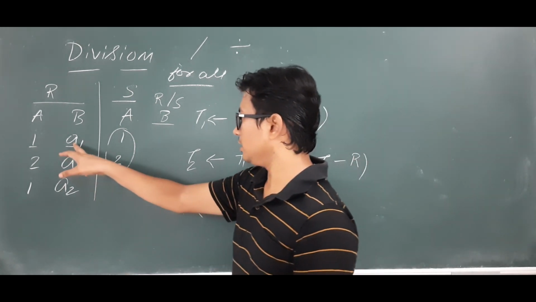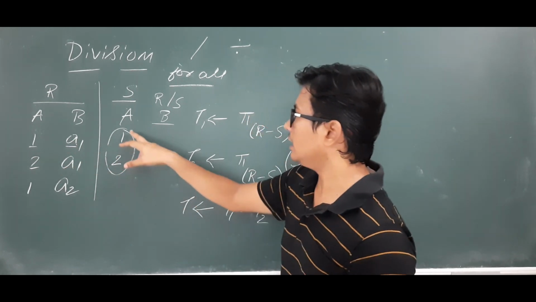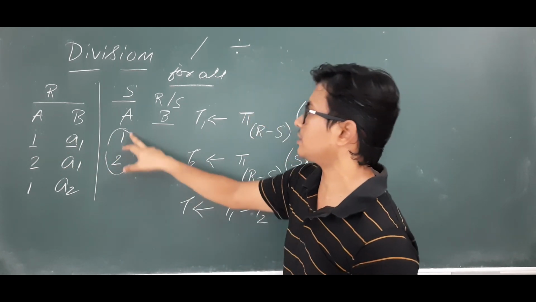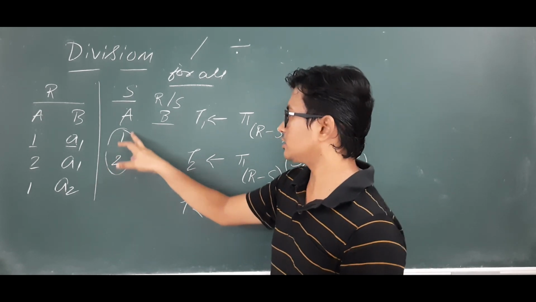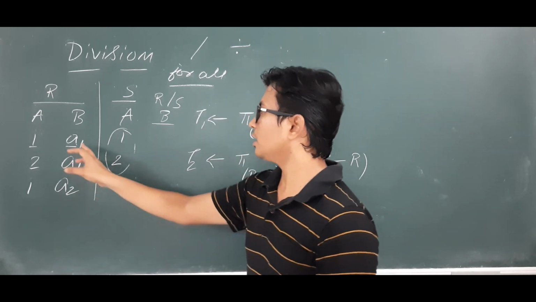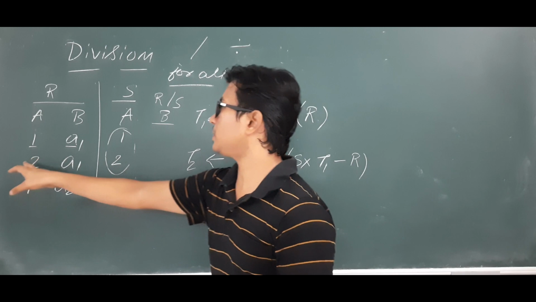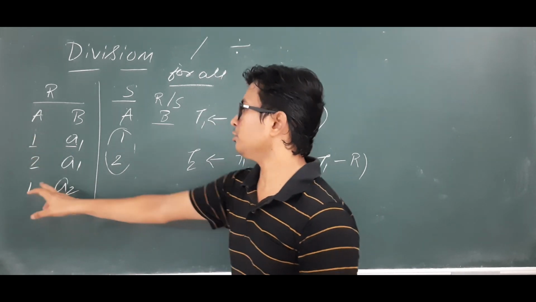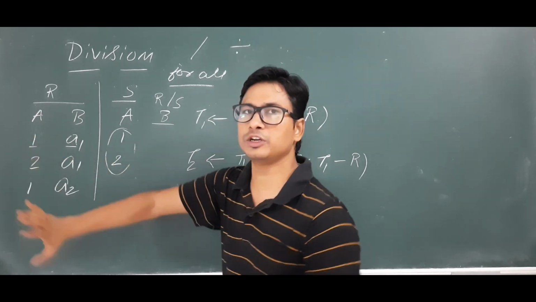If A1 has all the values, then it qualifies. Let's take that this is the list of subjects in a semester, and this is the list of students. These are the students with their records of which subject they have passed.